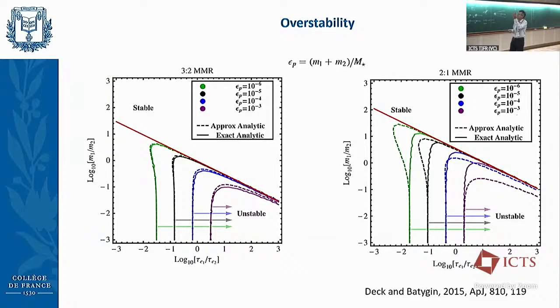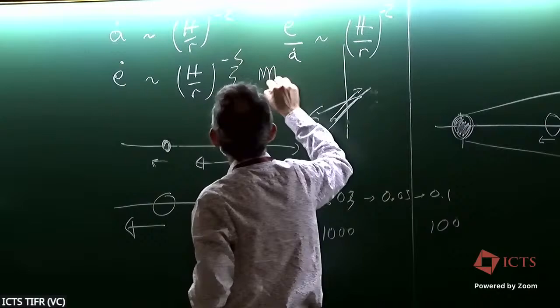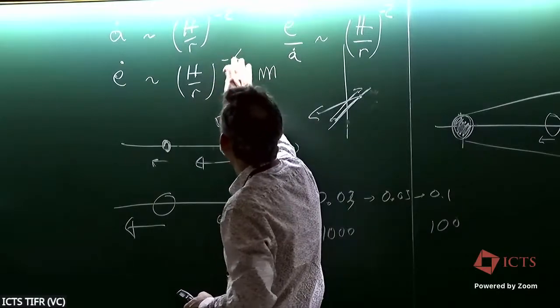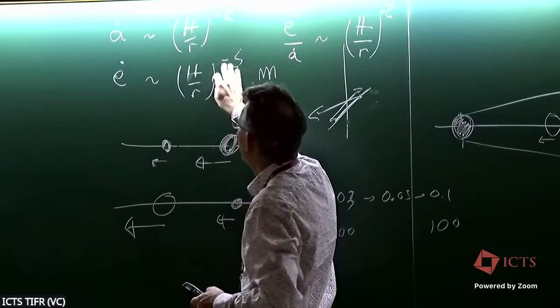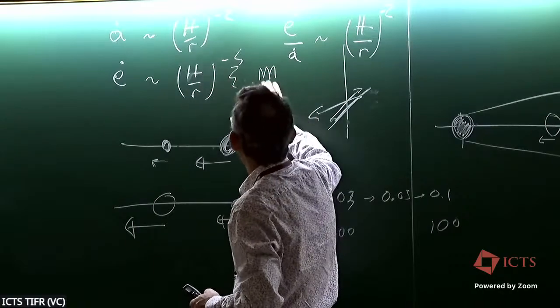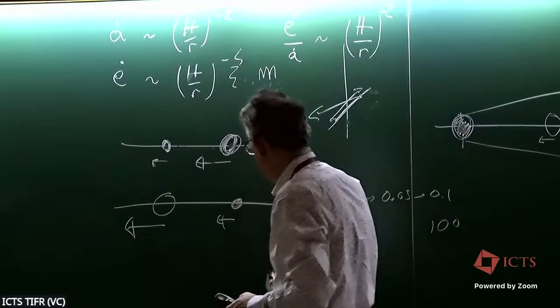If the disk is uniform, the eccentricity damping and the mass are related, because the eccentricity damping is proportional to quantities of the disk, okay, and it's proportional to the planetary mass. So if your disk is uniform, you can say that aspect ratio and density are the same for the two planets, and what changes between the two planets is just the mass.